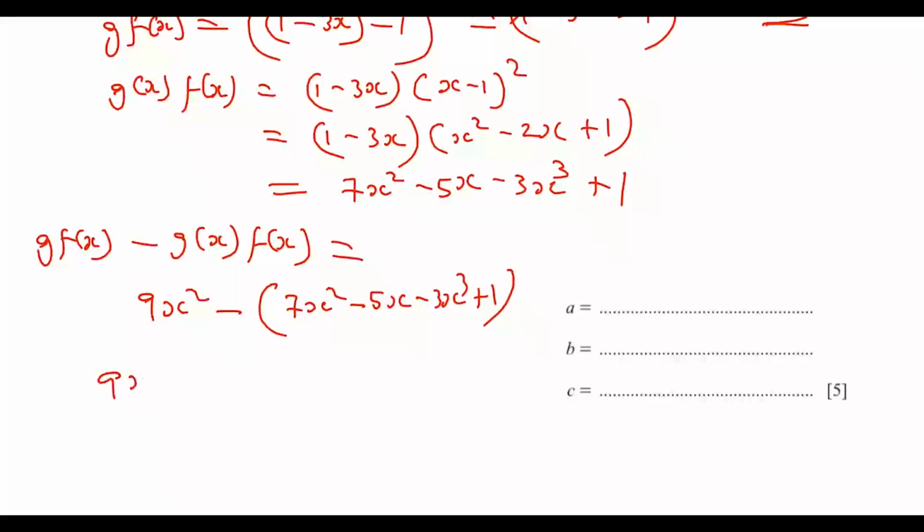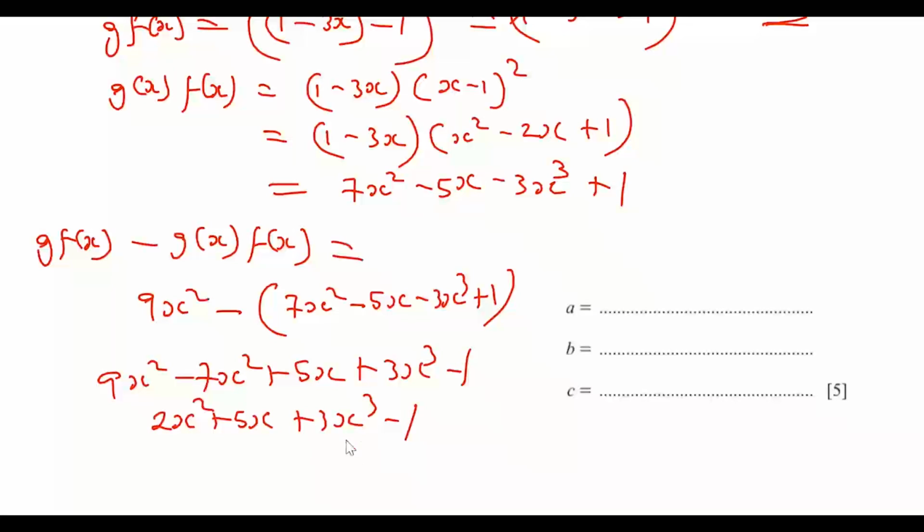We'll have 9x squared minus 7x squared plus 5x plus 3x cubed, then minus 1. If you rearrange and simplify, we know that 9x squared minus 7x squared will give us 2x squared, then plus 5x plus 3x cubed minus 1. So let's rearrange this. We're going to get 3x cubed plus 2x squared plus 5x minus 1.